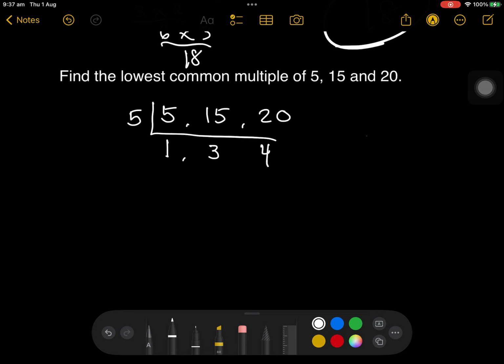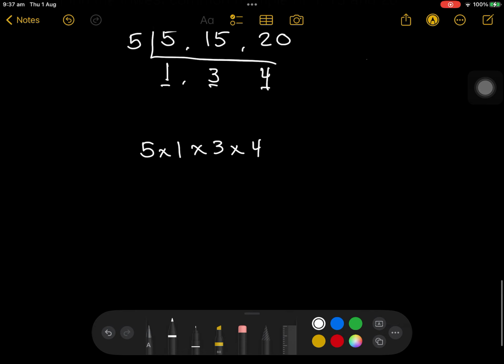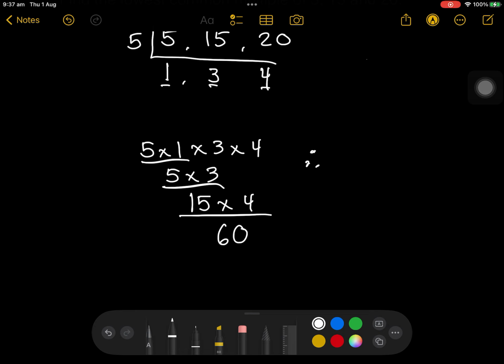So 1, 3, 4 cannot be divided by a single number. I will just multiply 5 times 1 times 3 times 4. So 5 times 1 is 5, times 3 is 15, times 4 is 60. Therefore, the LCM of 5, 15, and 20 is 60.